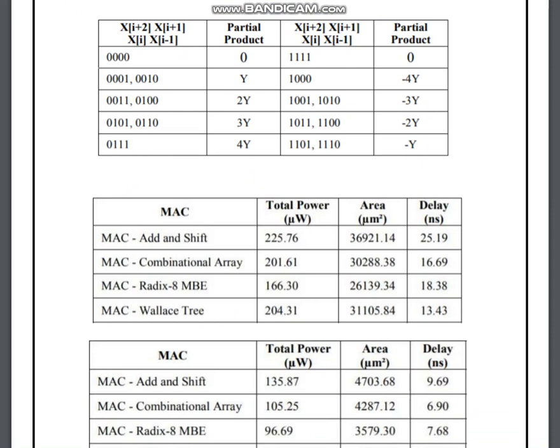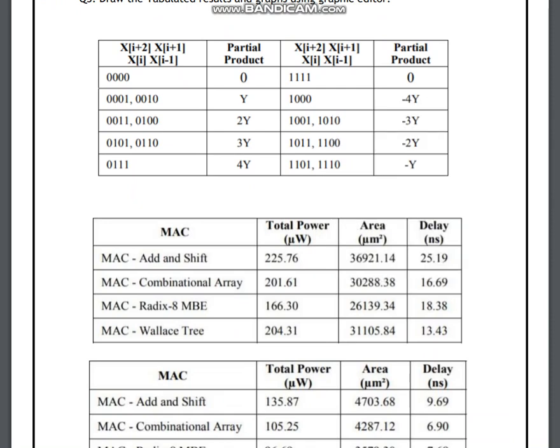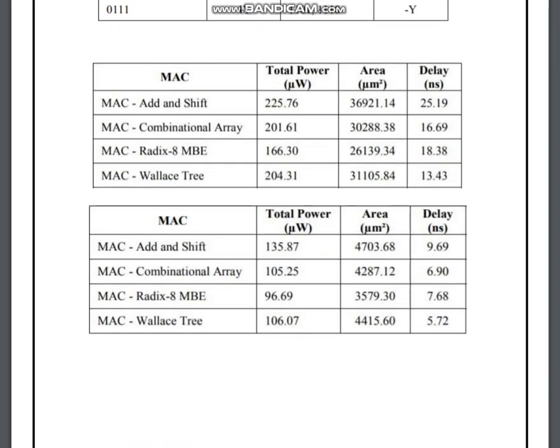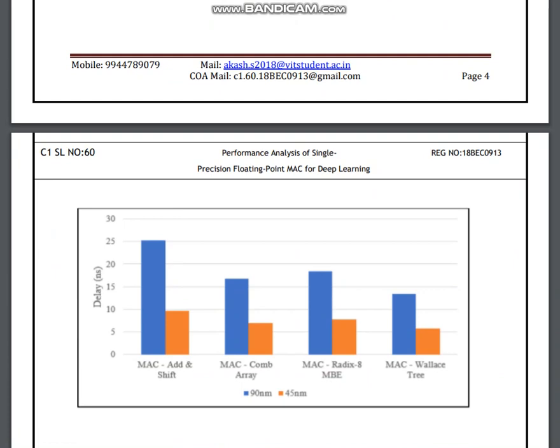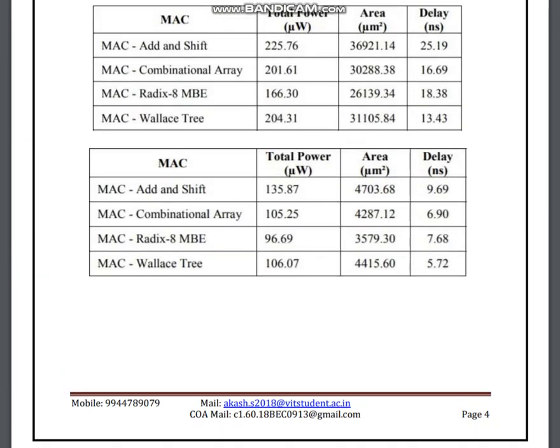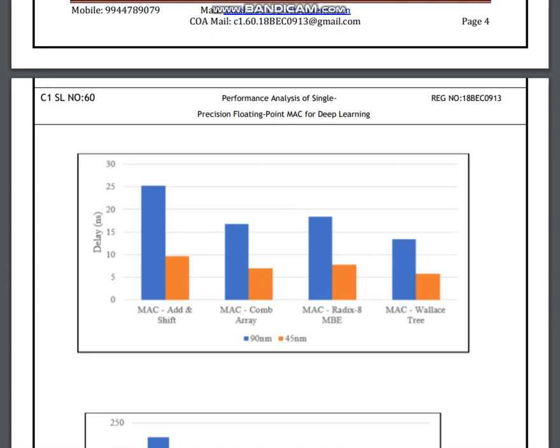Similarly, you see the total power and the delay which are being taken into consideration. And as you saw here, the detailed analysis and graph of that is shown on this page.